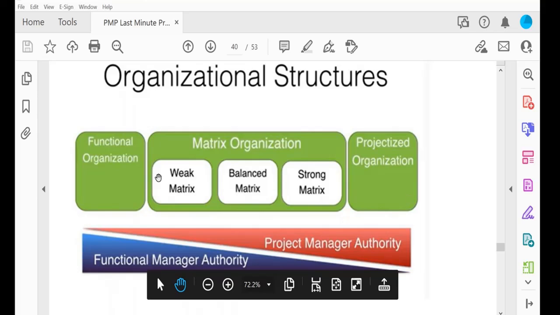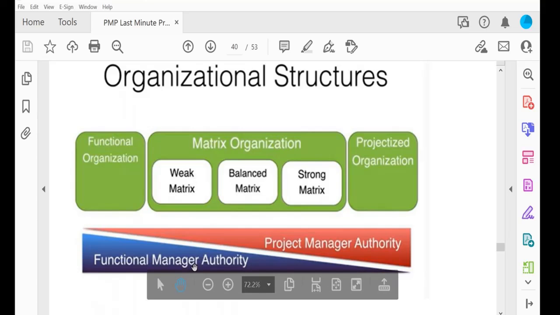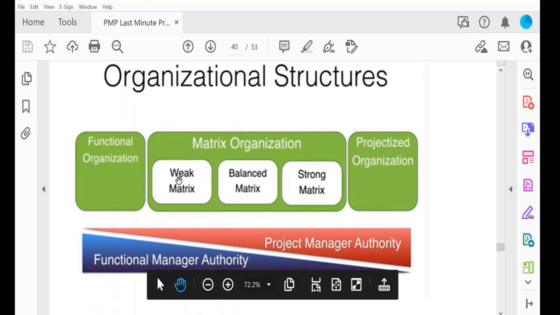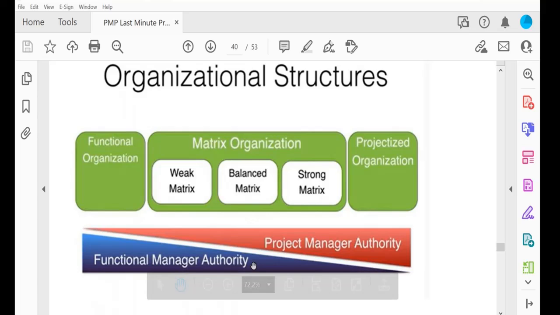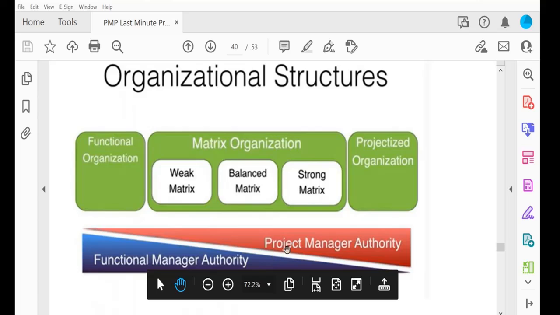You see? So in the matrix organization, there are three types of matrix. Weak matrix, that means the functional manager is more dominating compared to the project manager. Balanced matrix, here the functional manager and project manager have 50-50 power.